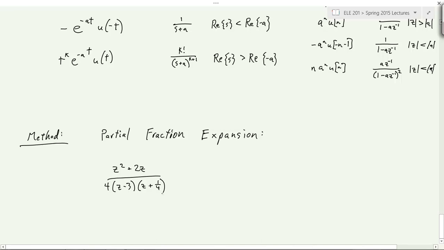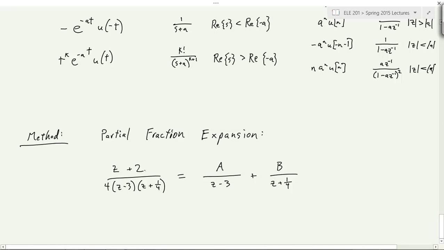And what you do is you say this equals a sum of two fractions, an A over z minus 3/4 plus a B over z plus a fourth. Now I just need to figure out what A and B are, and I can use algebra to figure that out. And it may happen that actually next time you'll see I should have factored out a z here, z times z plus 2.